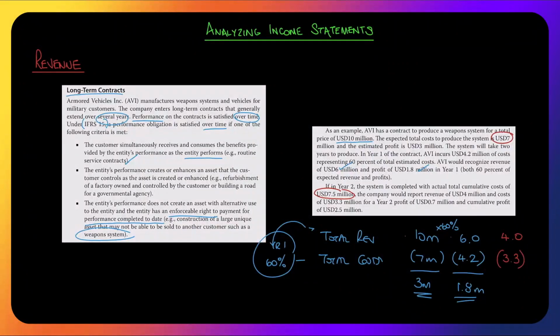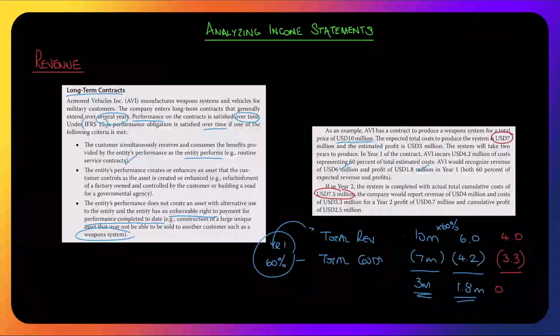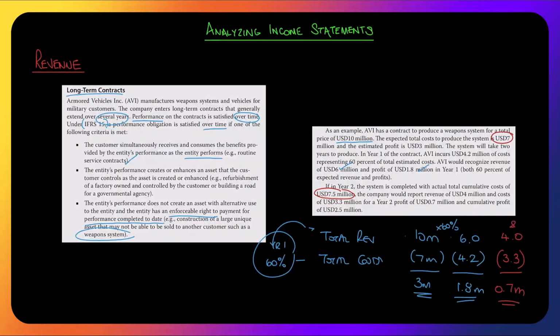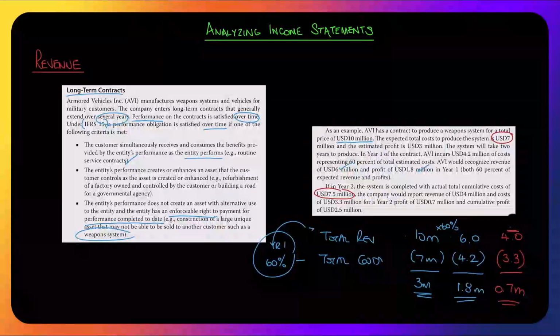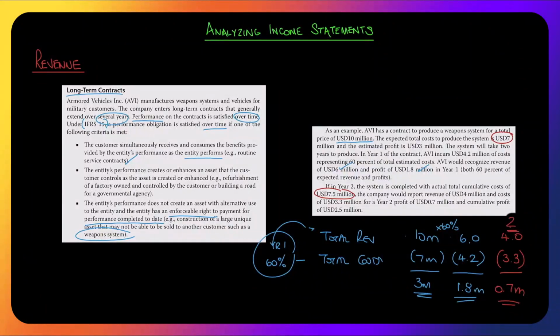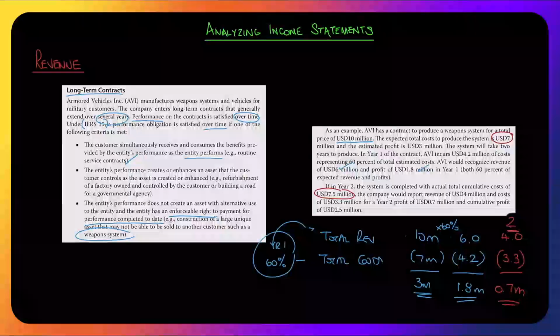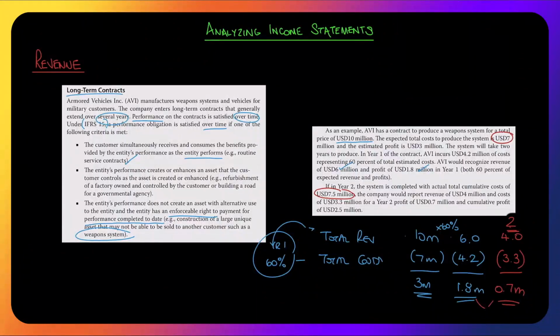That would give us a profit of 0.7 million. That's what goes on in year 2. Cumulative profit, 1.8 and 0.7 together over the 2 years, that's 2.5, which makes sense because we had total revenue of 10 and total costs of 7.5. So a nice little practical example.